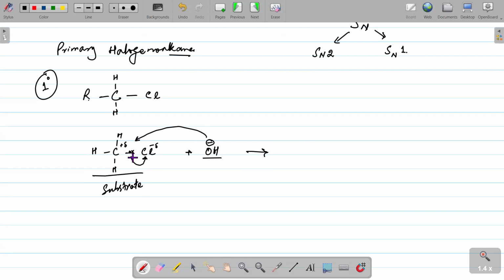And remember, it's a complete arrow that shows heterolytic fission, in which the bond breaks and the pair of electrons goes to one atom. Clear?